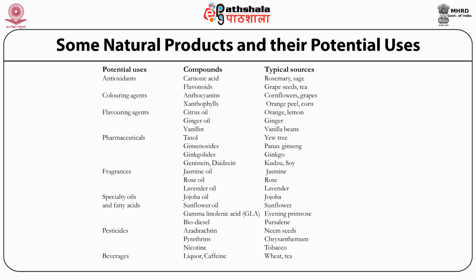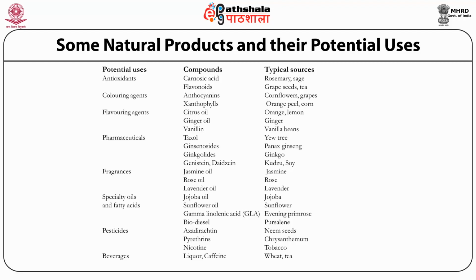Specialty oils and fatty acids like gamma-linolenic acid, and biodiesel, which is obtained from Portulaca oleracea, purslane, have their own uses in different fields of cooking or even in automotive or as a propellant. In the same way, we have substances which are used in agriculture like pesticides.